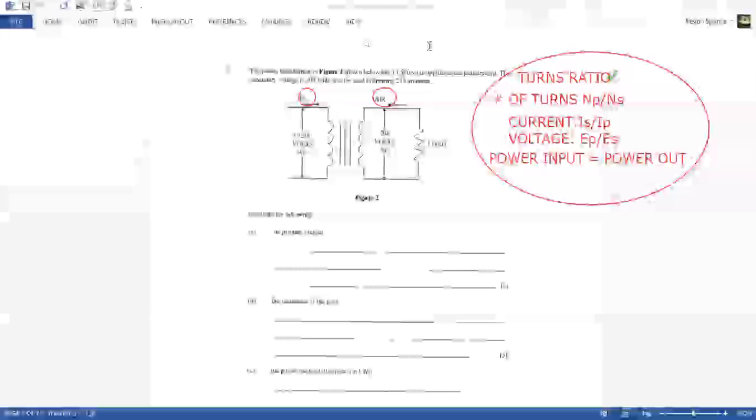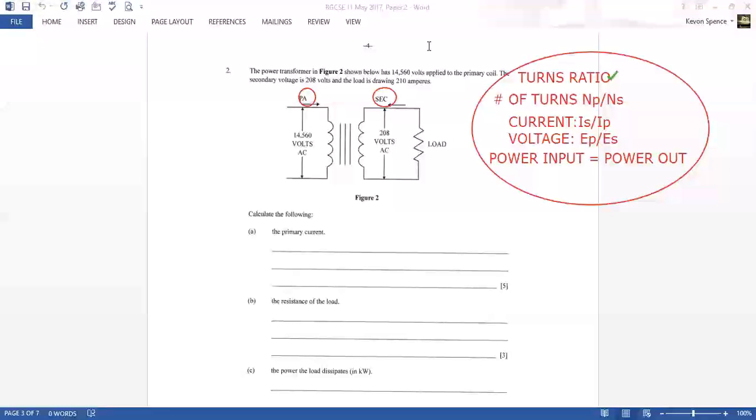You can calculate something else based on your formulas that you would need. So let's go ahead and calculate the turns ratio. Reading the question, it says the power transformer in figure 2 has 14,560 volts applied to its primary.